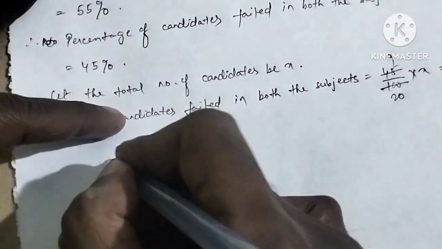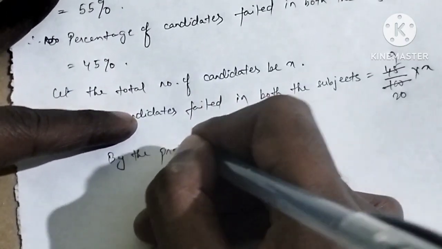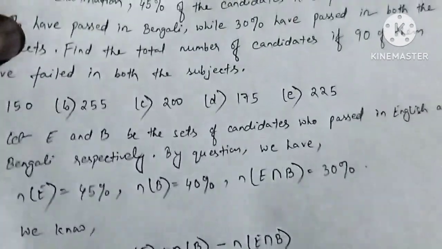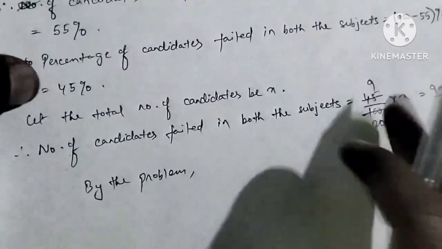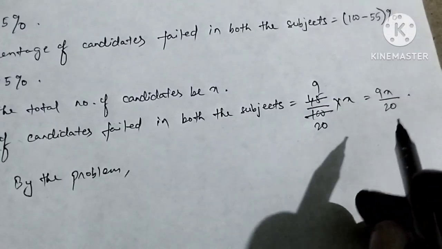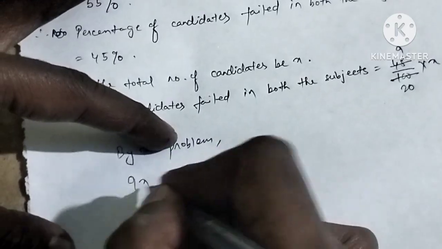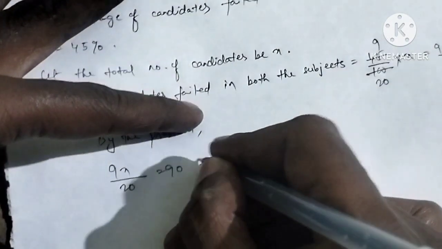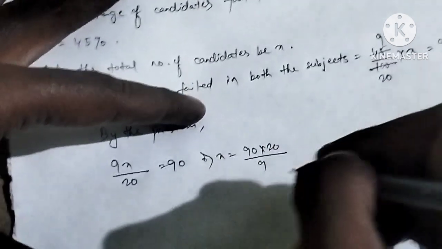So by the problem, the total number of failed candidates is 90. That means this 9x by 20 is 90. So x will be 90 into 20 by 9.